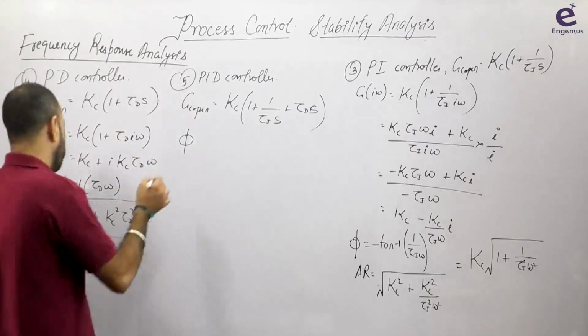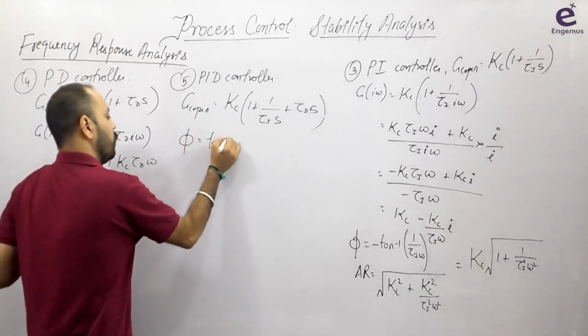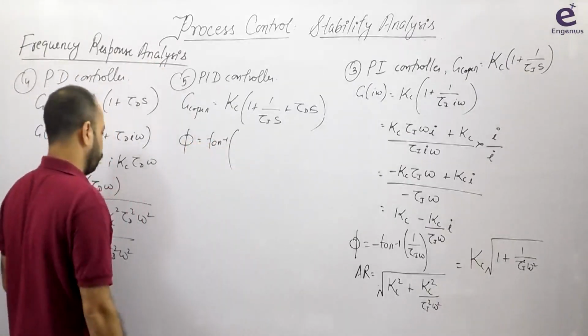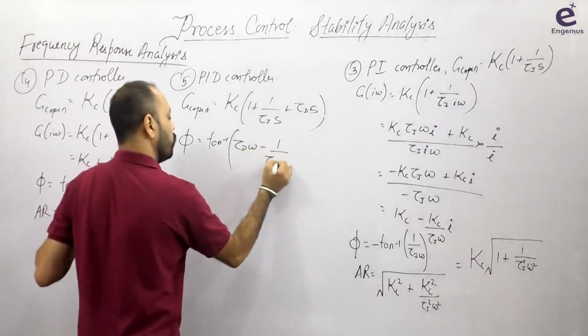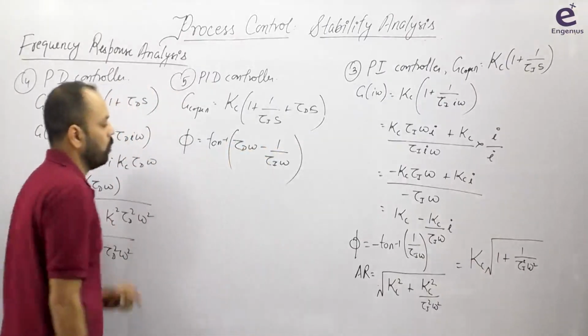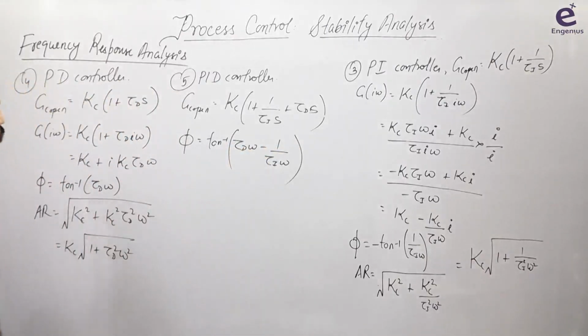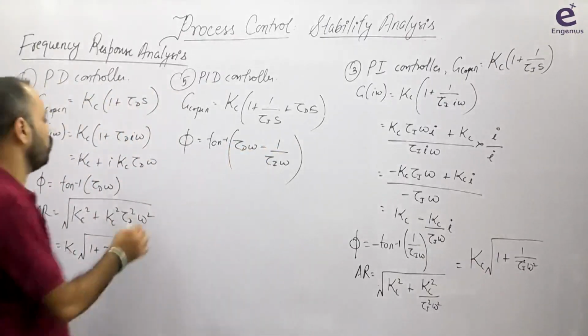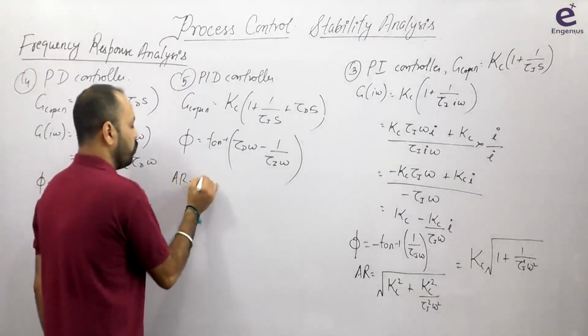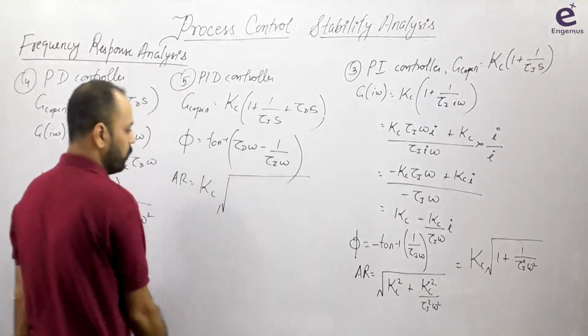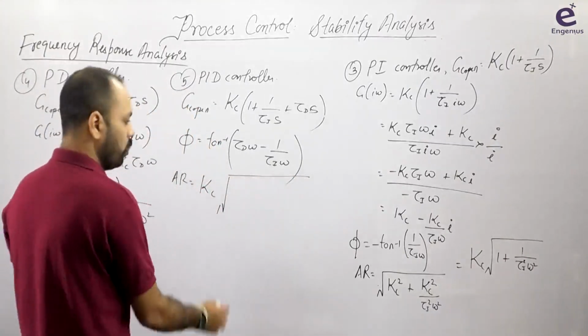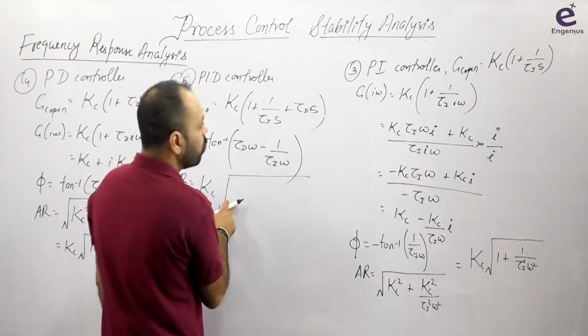So phi you will be getting as tan inverse of tau d omega minus 1 by tau I omega, right? So that is the phi of the PID controller, and AR will be equal to Kc multiplied by, what is the AR of the PI controller?